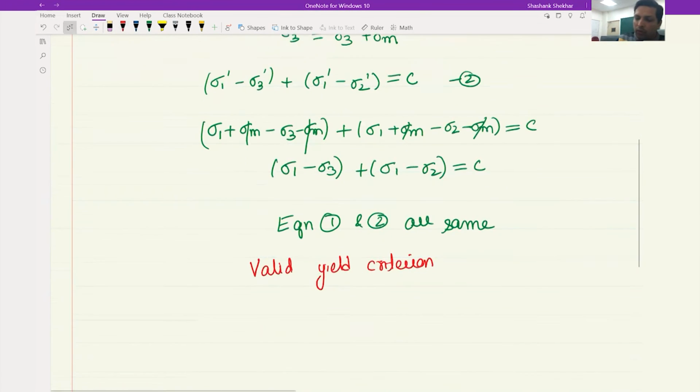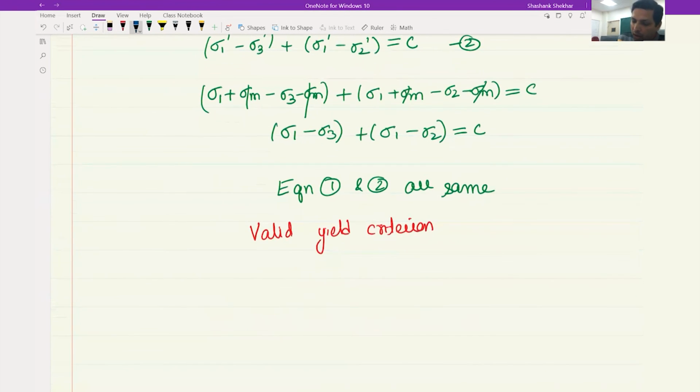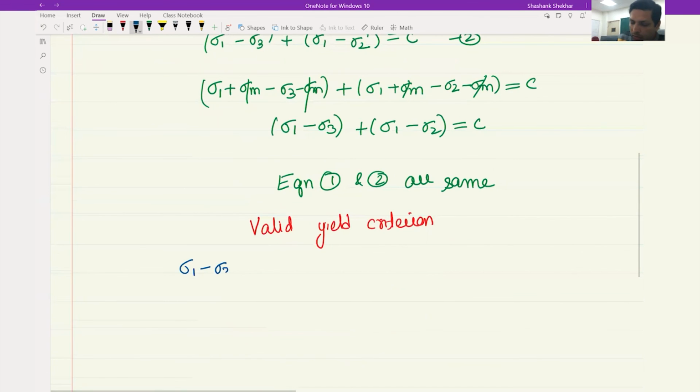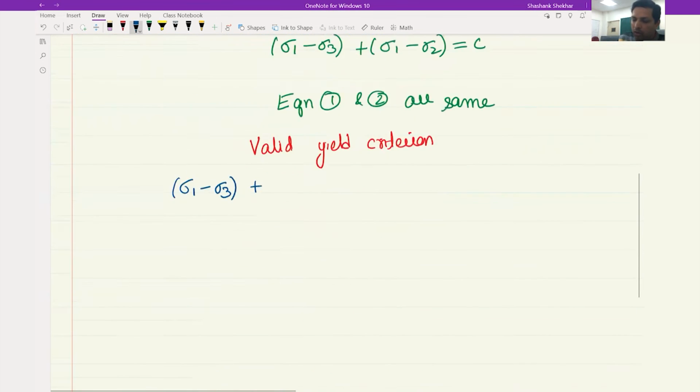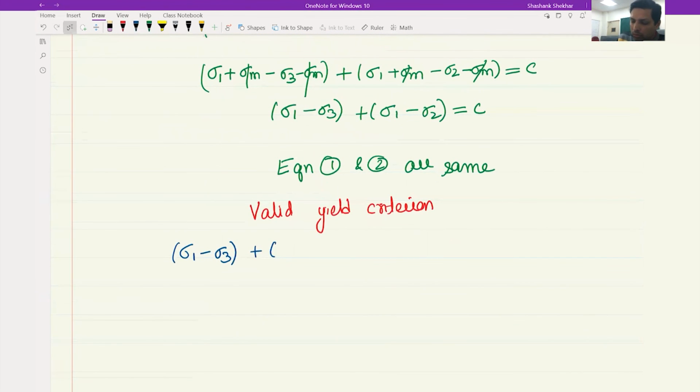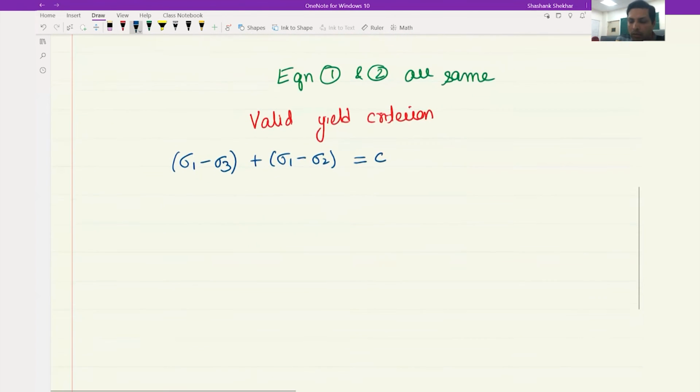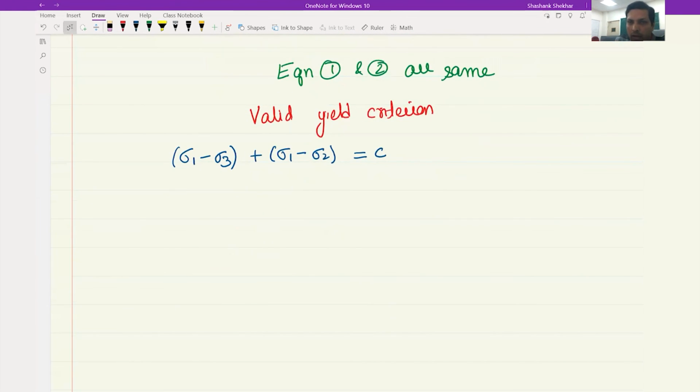Okay, so what we do again here is we are given the equation sigma 1 minus sigma 3 plus sigma 1 minus sigma 2 is equal to C. What did we do earlier to find the value of C? We first use the uniaxial condition. What do we know about the uniaxial condition?